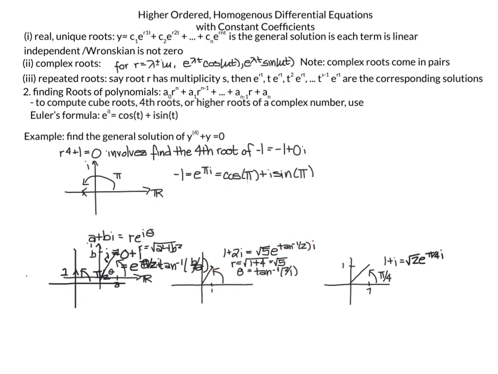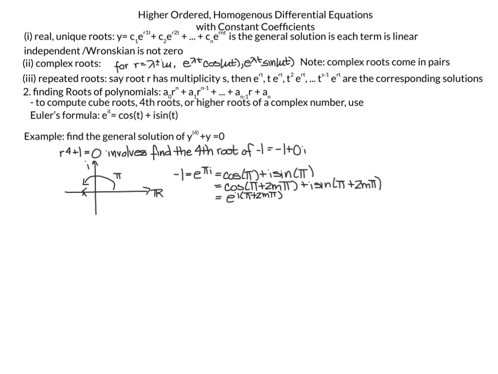So 1 plus 2i is equal to square root of 5 e to the inverse tangent of 2 times i. One more example. If we have 1 plus i, that's 1 on the real axis and 1 on the complex axis, that gives us this vector, the point (1, 1). The length of our vector is square root of 2, and the angle is pi over 4, so that's square root of 2 e to the pi over 4 i.